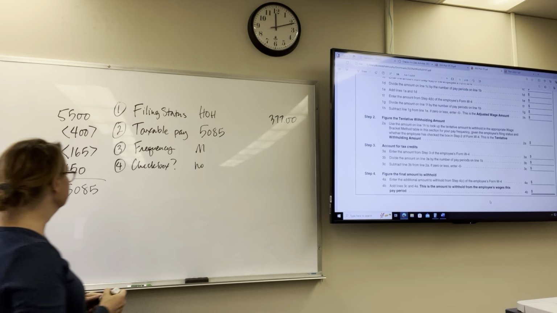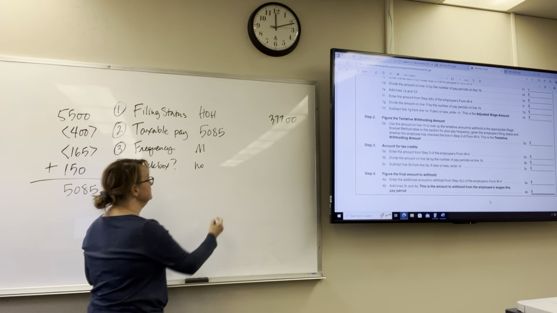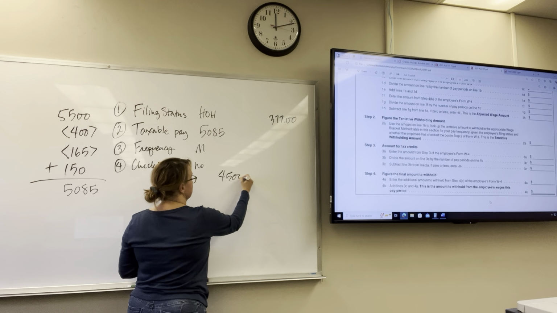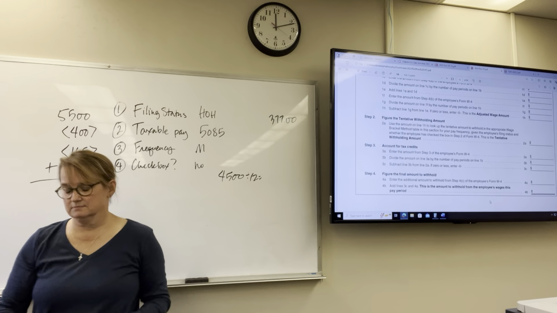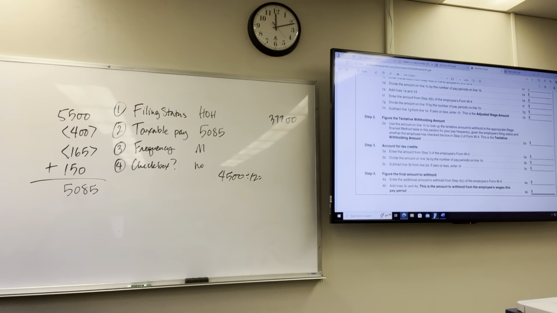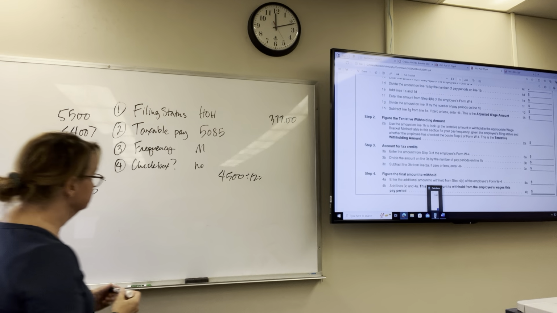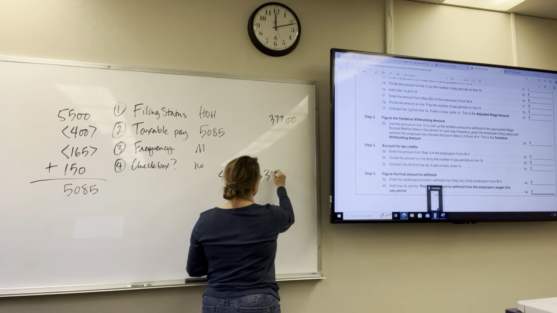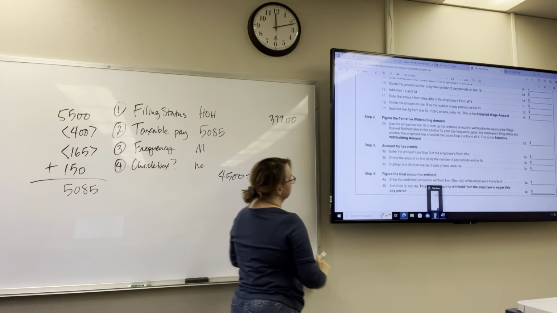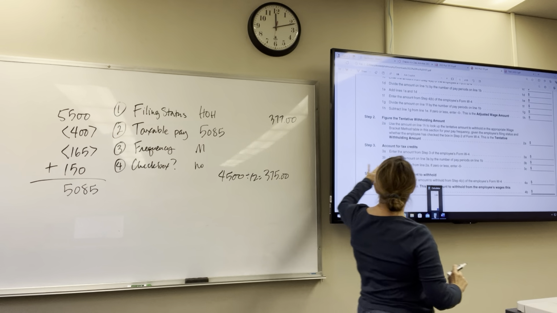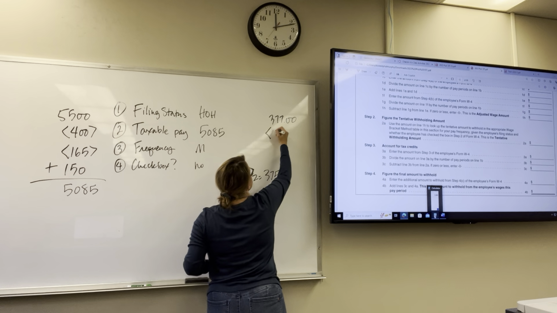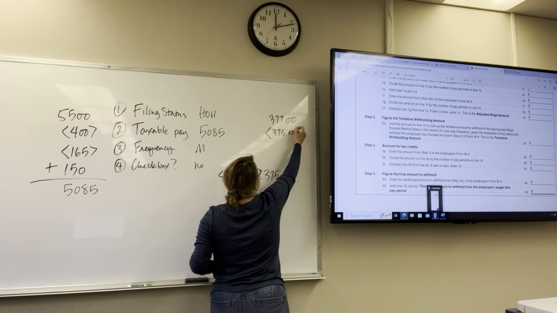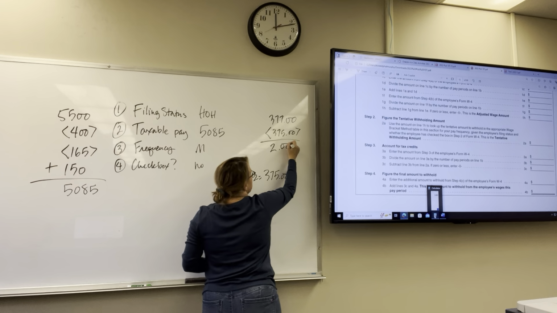All right, so 4,500 divided by 12 this time. 375. Subtract line 3B from line 2A. He's got a whopping $2 of withholding.